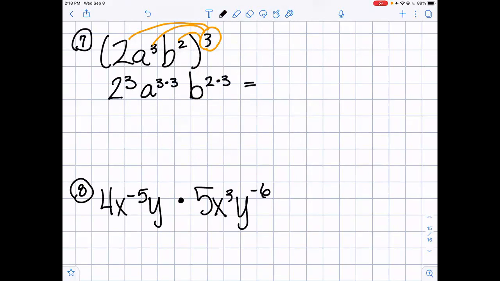What's 2 to the 3rd power? 8. 2 times 2 times 2. Now a to the 3 times 3 would be 9. B to the 2 times 3 would be 6. There's your answer. All right. I'll give you more time for number 8.